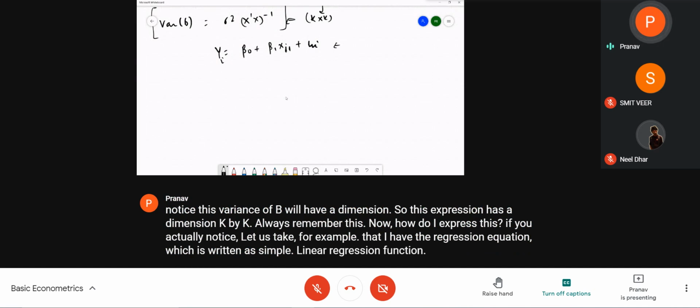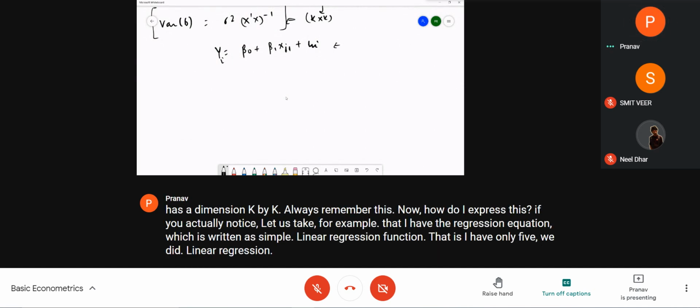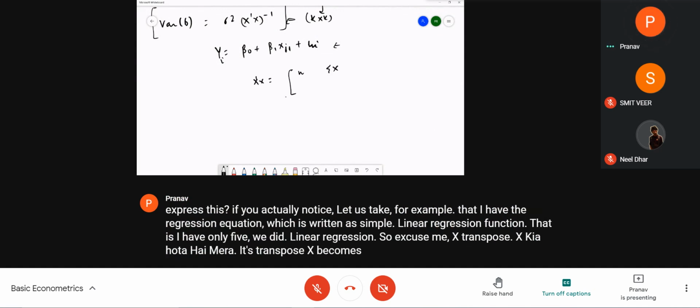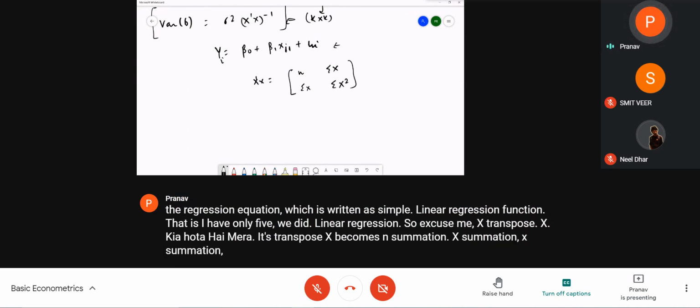That is, I have only bivariate linear regression. So in this case, what is X transpose X for me? X transpose X becomes n, summation X, summation X, summation X square. Now what is this term for me? Sigma square X transpose X inverse.